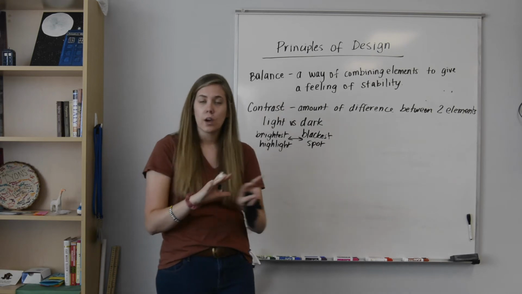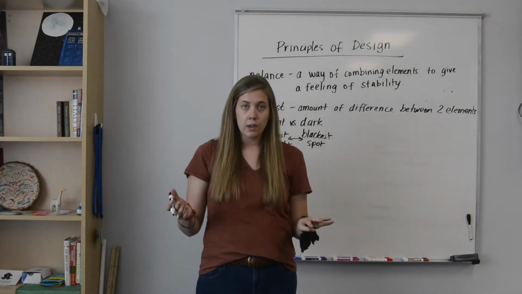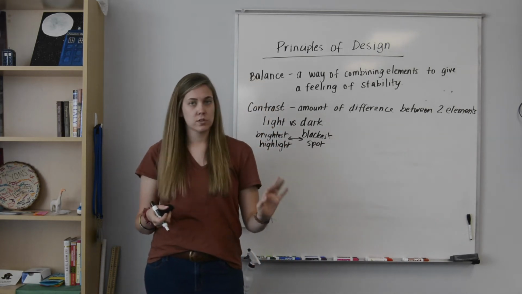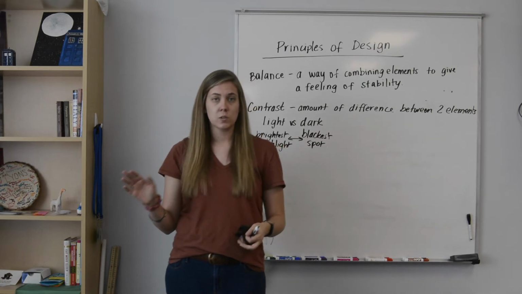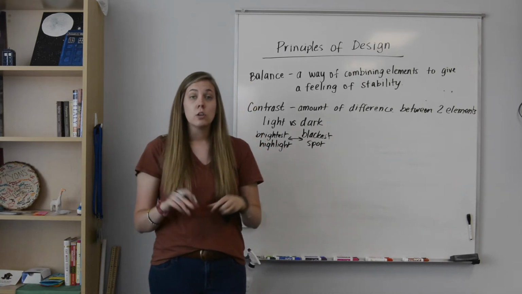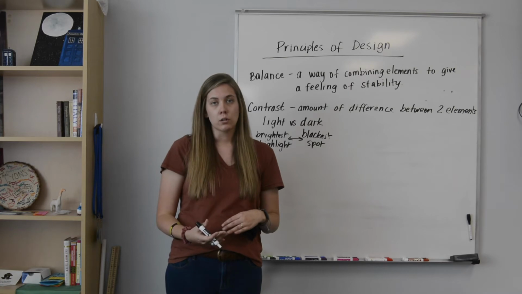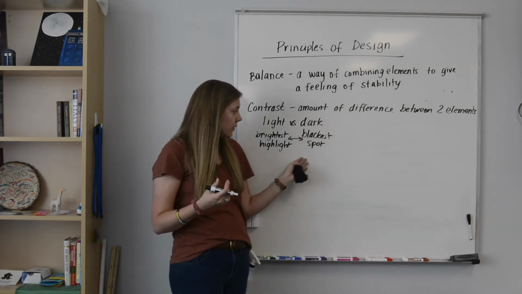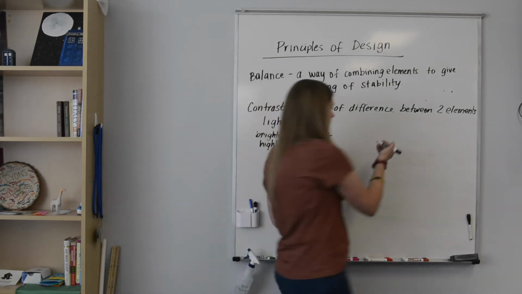If everything is kind of in variations of gray, like if the darkest spot is just kind of dark gray and the brightest spot is just a light gray, you would say that you have low contrast. The other kind of contrast is with color.